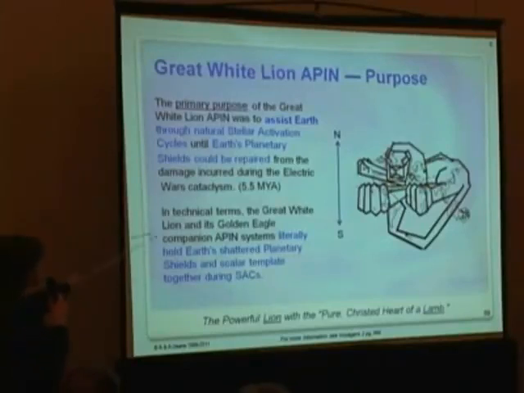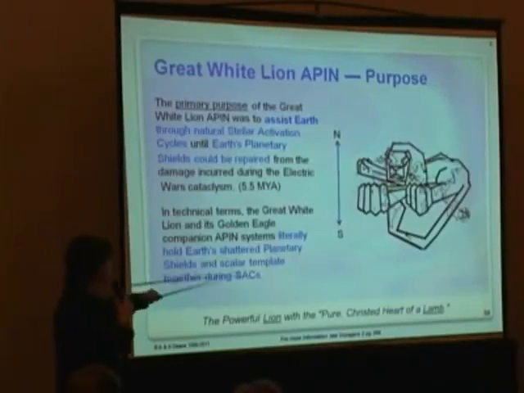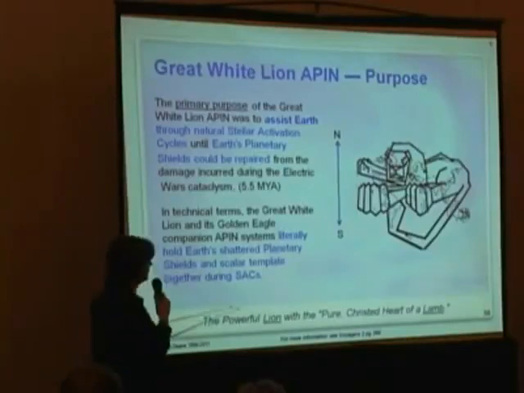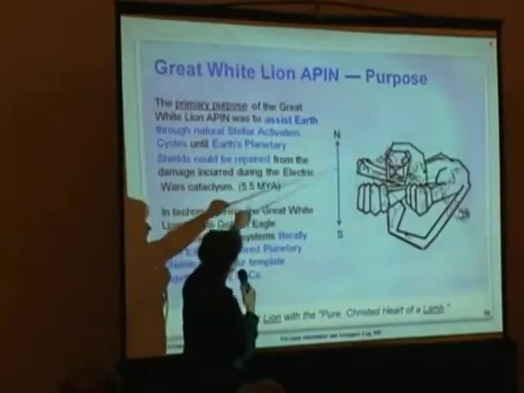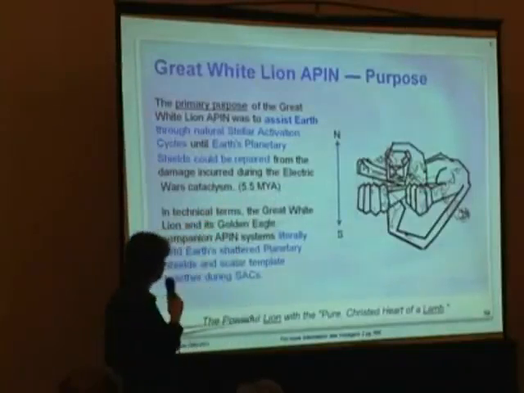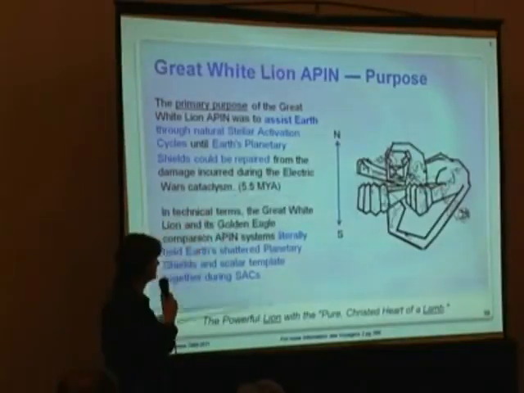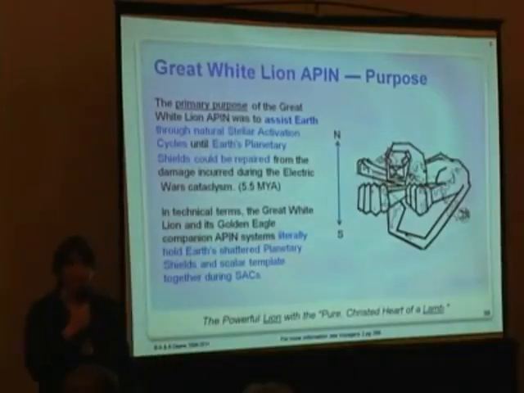In technical terms, the great white lion and its golden eagle companion Apin systems literally hold Earth's shattered planetary shields and scalar template together during SAC, the stellar activation cycle. What's important to understand here is that this is the guardian of the verticals, the powerful lion, meaning the Apin system, with the pure Christed heart of a lamb. I'm going to ask you to remember that.